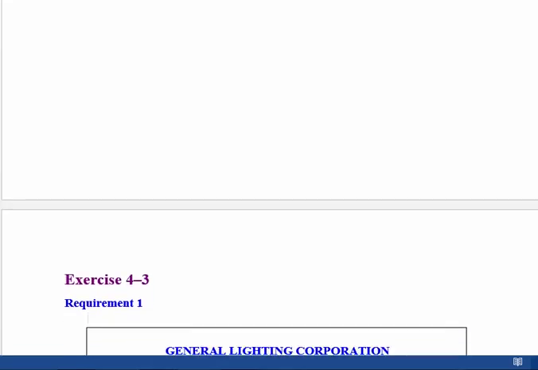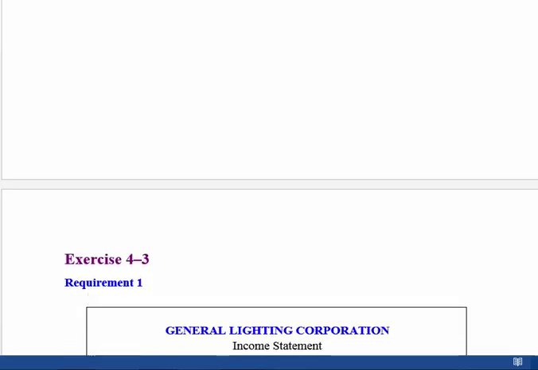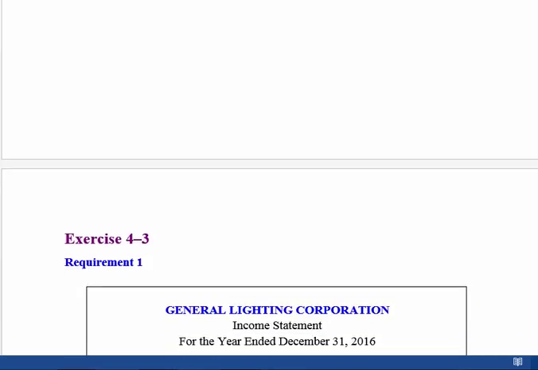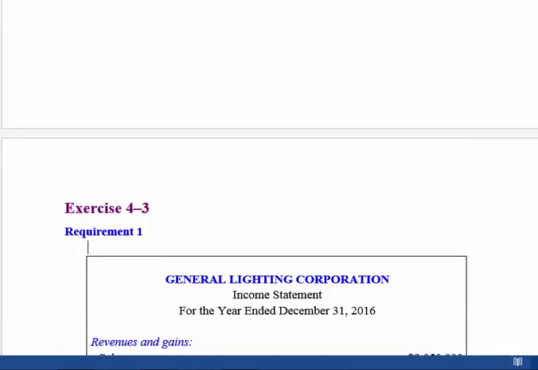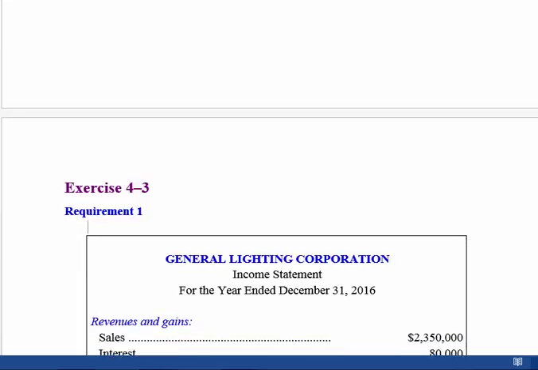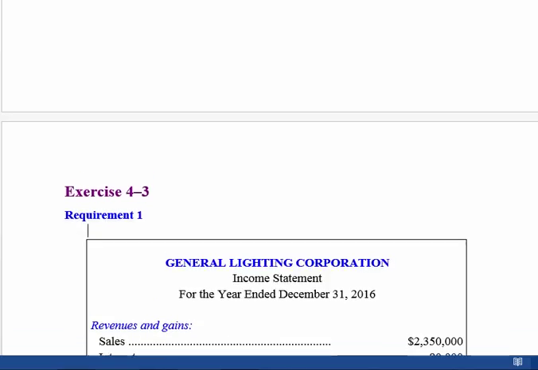Okay, and we'll head it up with the name of the business, General Lighting Corporation. And this is their income statement for the year ended December 31st, 2016. Alright, this is a single step form. So on the single step form, we'll start with revenues and gains. First one I see there is sales revenue. And they didn't even include revenue after sales.